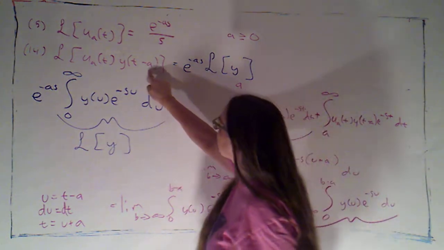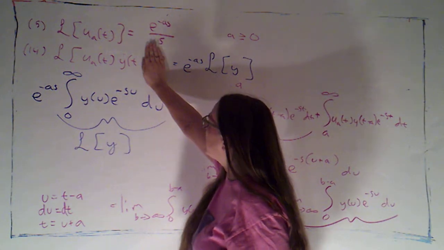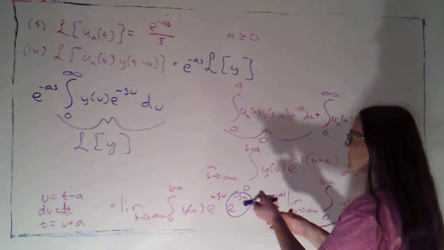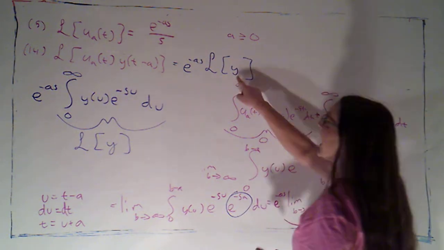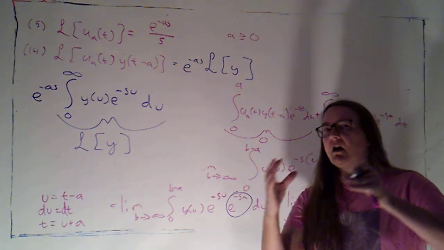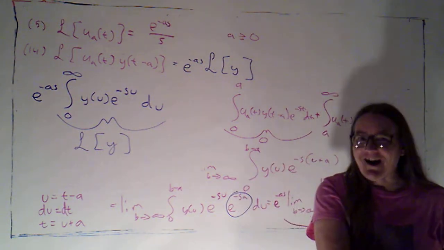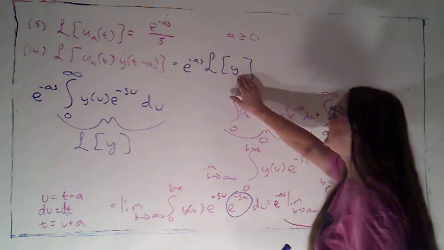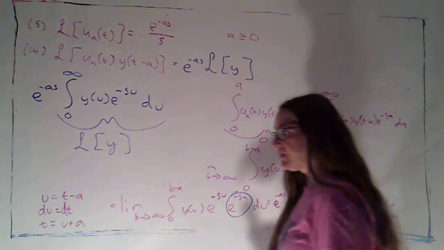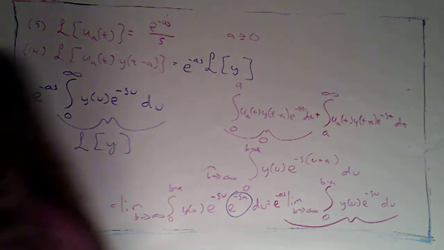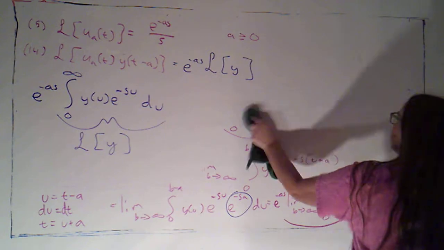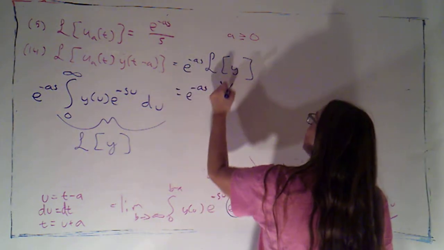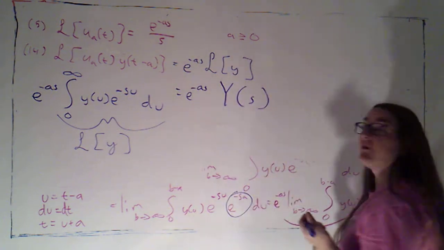Now, if I hadn't done this horizontal transformation, what would happen here is instead of getting the Laplace transform of y, which is my original function, I'd be getting the Laplace transform of a horizontal translation of y. So it's a lot easier to have the horizontal translation here and just have this be my function. Remember, a way that we can write this, if we like, is e to the negative as times capital Y of s.